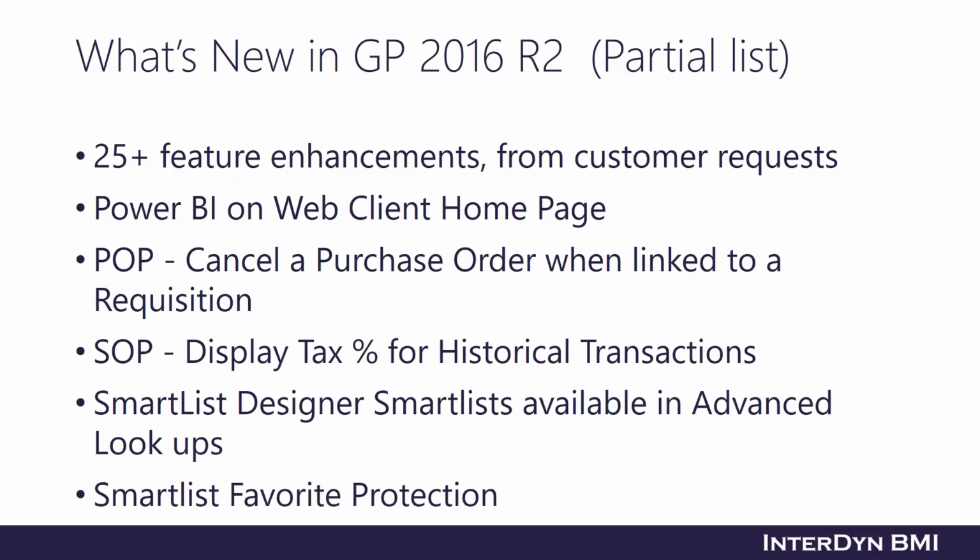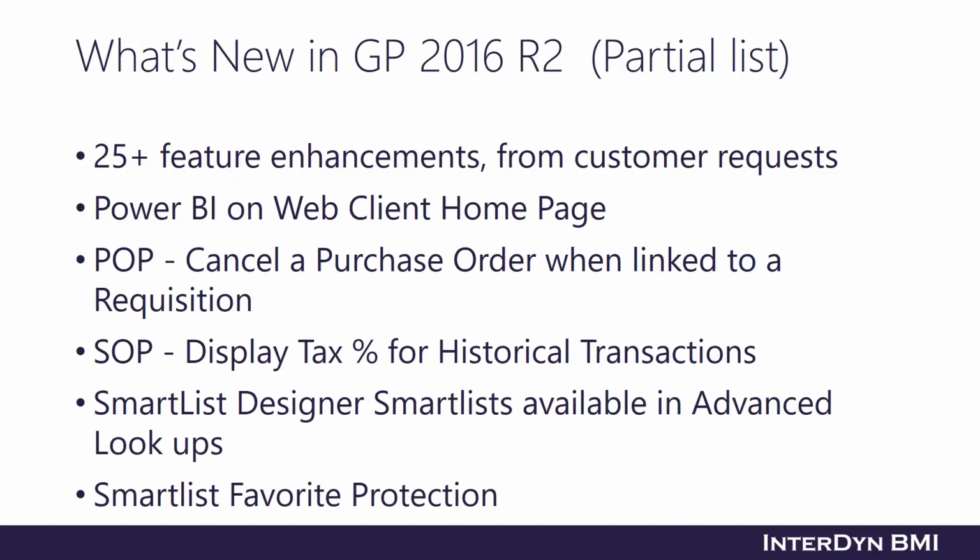It'll go back to the requisition and actually put a little visual cue, a little icon on the line items of the requisition that were on that PO that got canceled. So if a requisition user logs in and looks to see what's going on, they'll be able to see on their requisition that those line items are canceled and they're not coming. So that's pretty highly requested, I think.